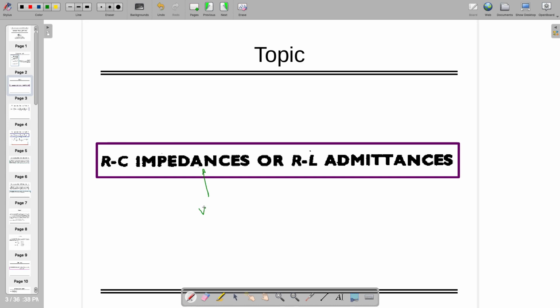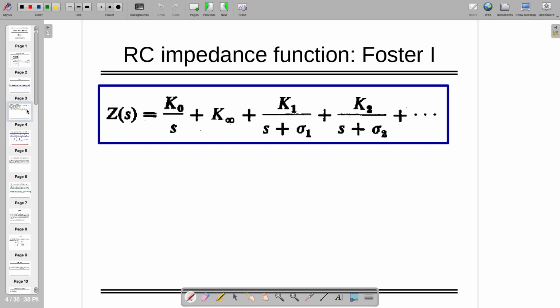This topic is RC impedance and RL admittance, right? So RC will be written in Z form, and whenever you are going to see the same thing in Y form, it will be RL admittance. Okay. So now let's write something in terms of Foster 1.